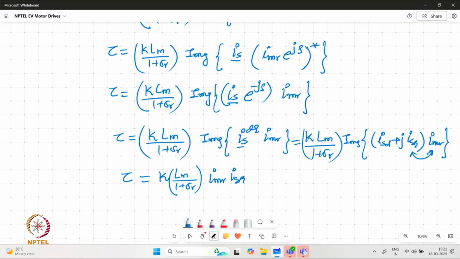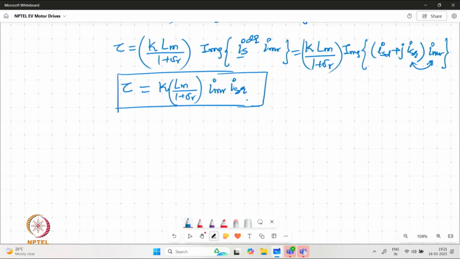And hence torque can be represented in terms of the rotor flux magnetizing current and the Q axis stator current. So this is where we are also capable of seeing that ISQ is a quantity which can be responsible for changing torque quickly.